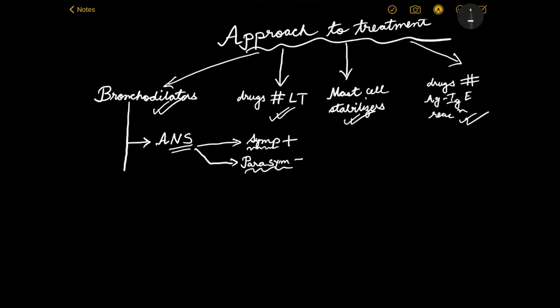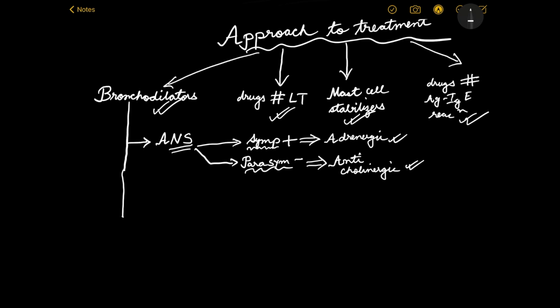This is a fancy way of saying that we can use adrenergic drugs and anticholinergic drugs. So this is one way that we can cause bronchodilation. We'll come into the details of this in a bit.